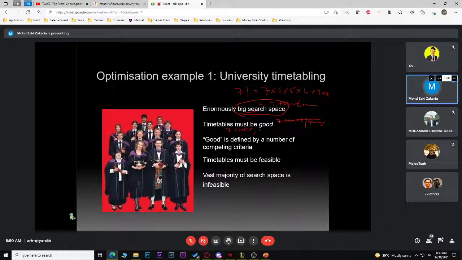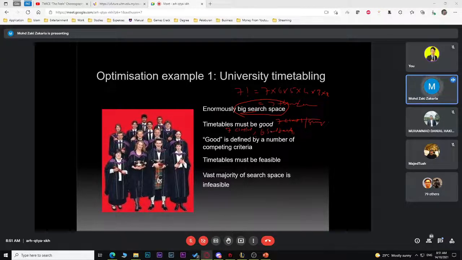7 classes and number of subjects maybe 6 subjects, and then lecturers, tak apalah, subject and okay, 7 classes and 6 subjects.